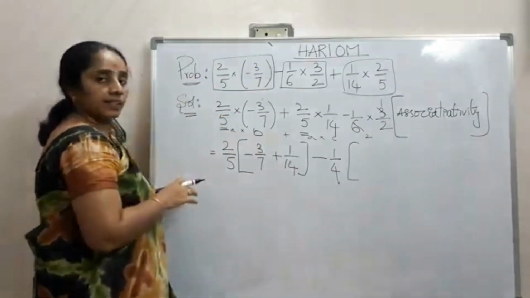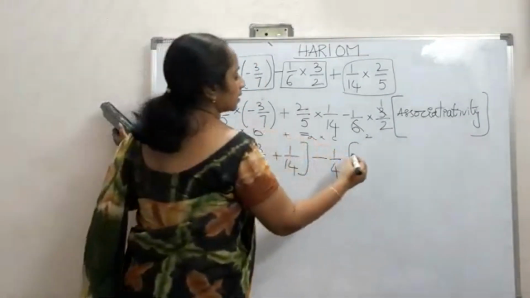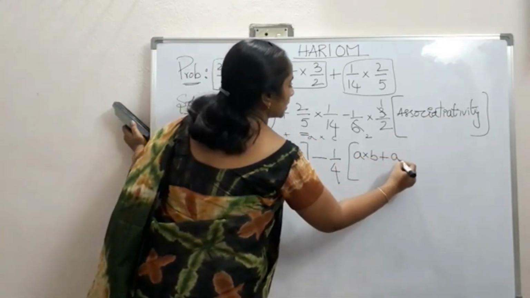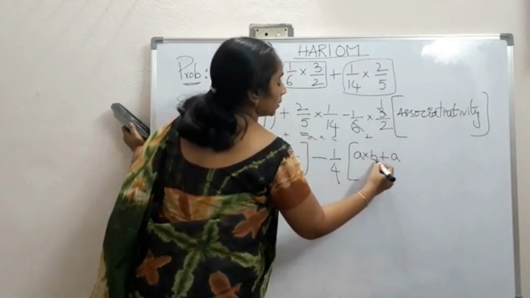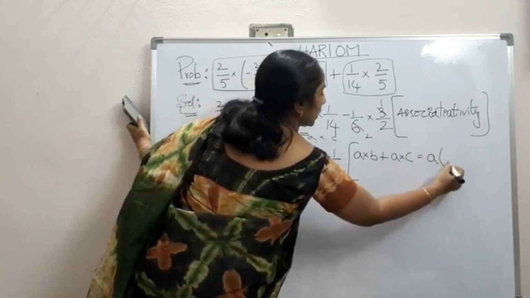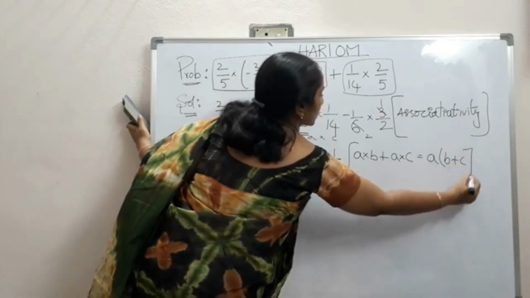What did we apply here? The distributive property: a into b plus c is a into b plus a into c, which is equal to a into b plus c.